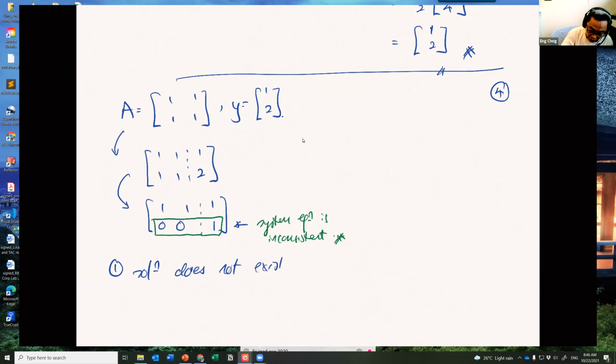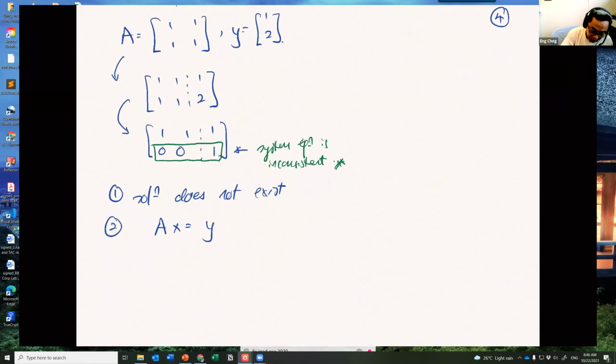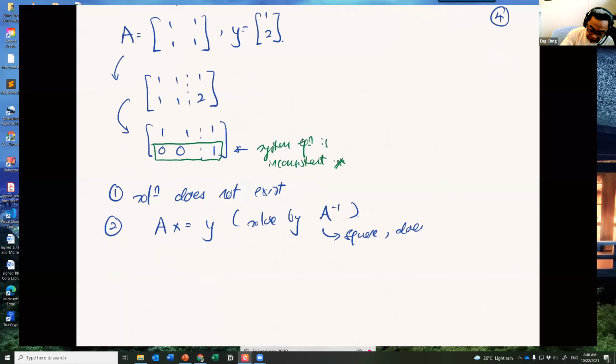Okay, and then of course we want to try to do Ax equals y and solve by the inverse, because we figure out that A is square, and we think, does the inverse exist?